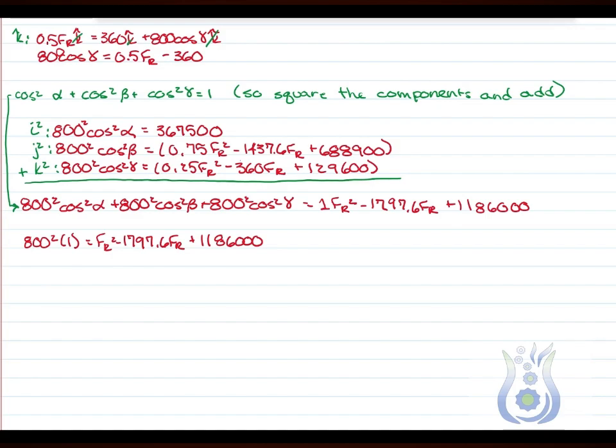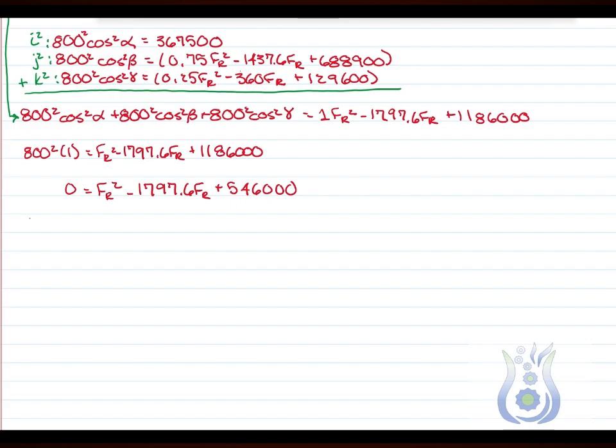You can use anything, like you can use your calculator, but if I were you, I would also get used to using the quadratic equation relationship, which is negative b plus or minus the square root of b squared minus 4ac divided by 2a. So you're going to have two possible quantities for the magnitude of the resultant force.